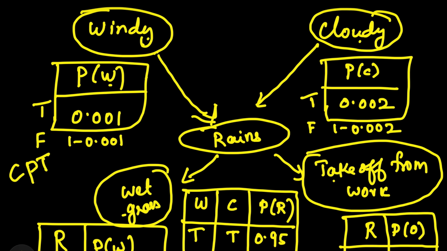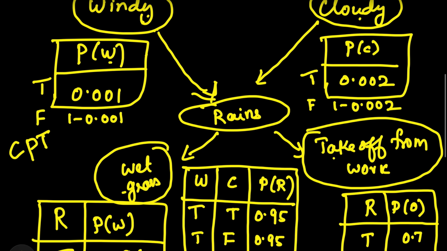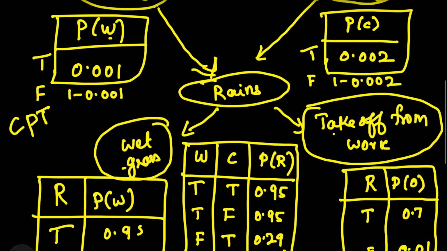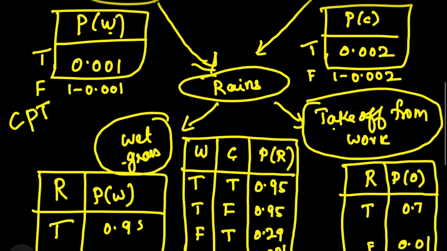Rain depends on windy and cloudy, so anything that happens in windy and cloudy will affect rain. That's why we take windy and cloudy in the CPT table when we write the CPT for rain. The combinations are true-true, true-false, false-true, and false-false, and we have written a separate probability for raining depending on the windy and cloudy state.